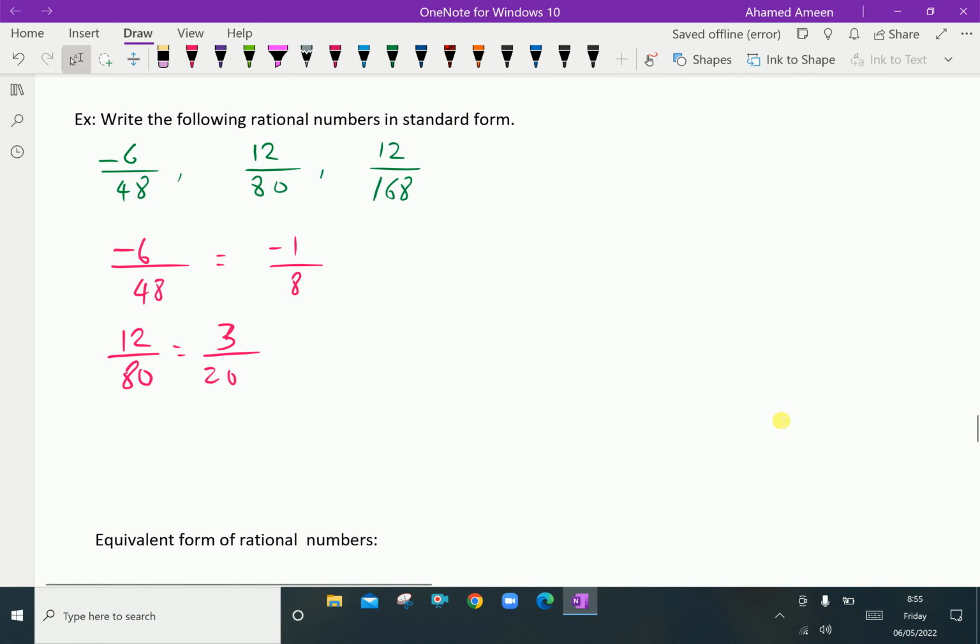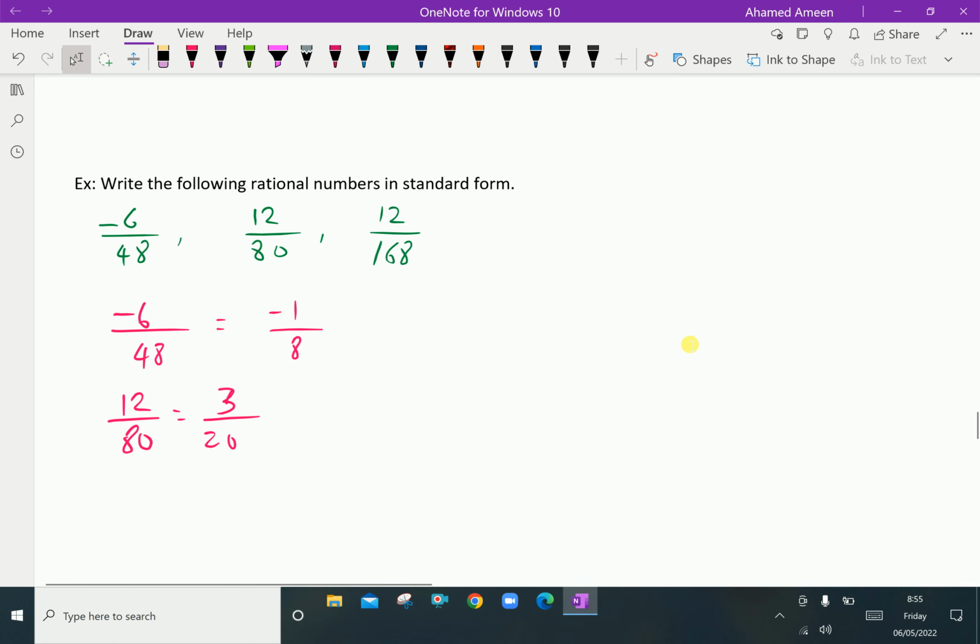Then 12 over 168. First of all, we'll divide by 4. 3 4s are 12, 4 4s are 16 and 2, 42.